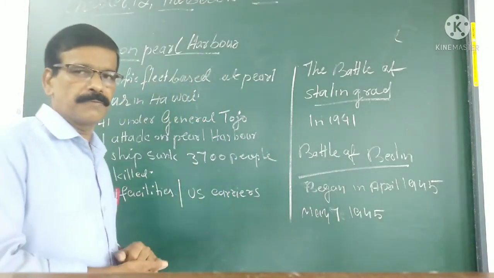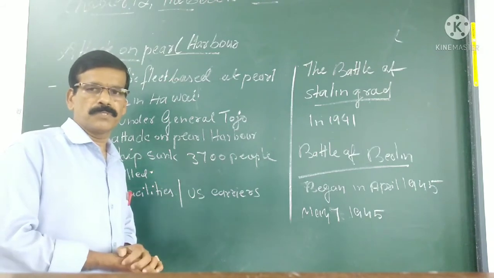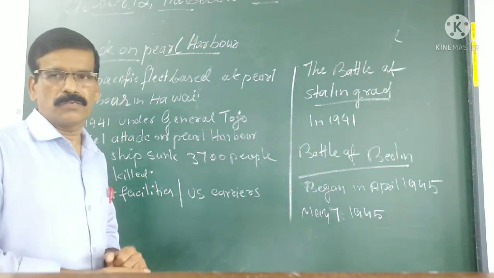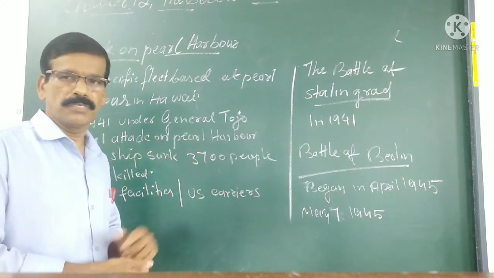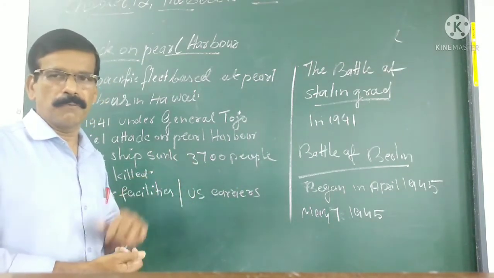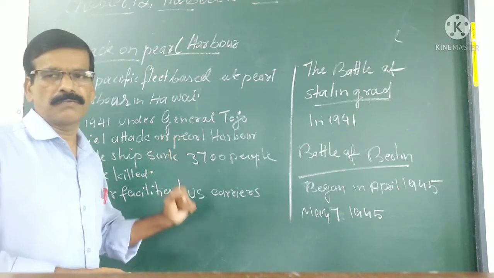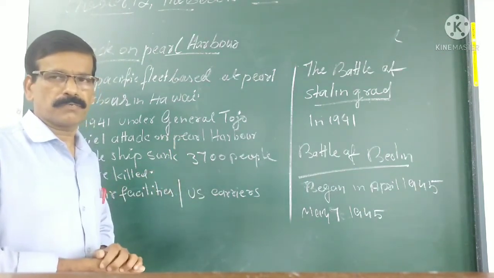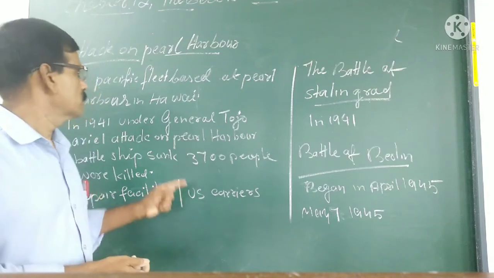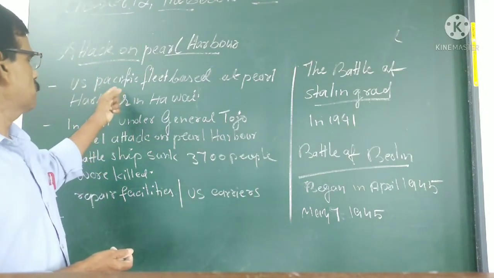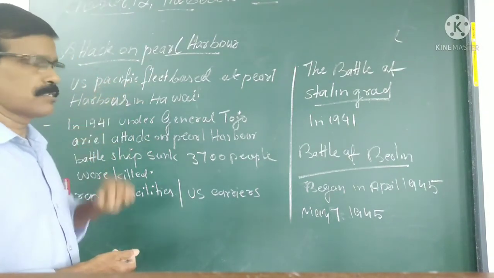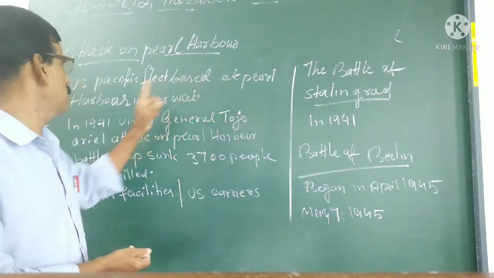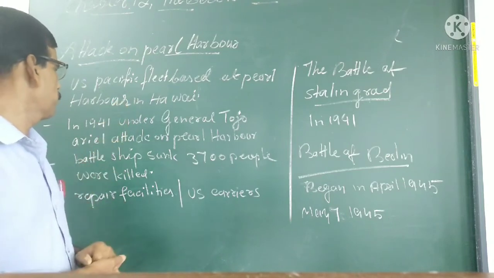In the very beginning of the Second World War, USA did not join any countries, nor did they support these countries by giving weapons. But the only thing that Japan feared in the Second World War was the US fleet, the Pacific Fleet, a warship of the US based at Pearl Harbor in Hawaii.